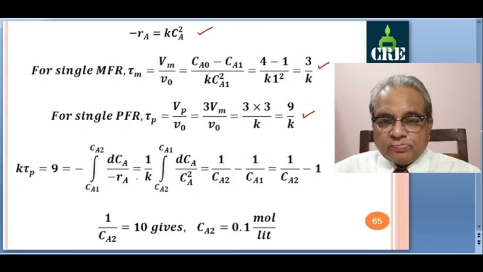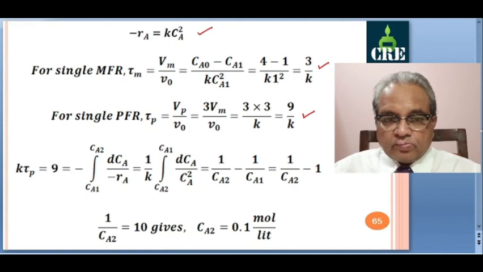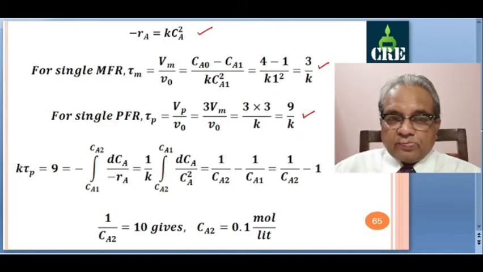Minus Ra is equal to K Ca square. This is K tau p, K and tau p is 9 by K, so K cancels out.